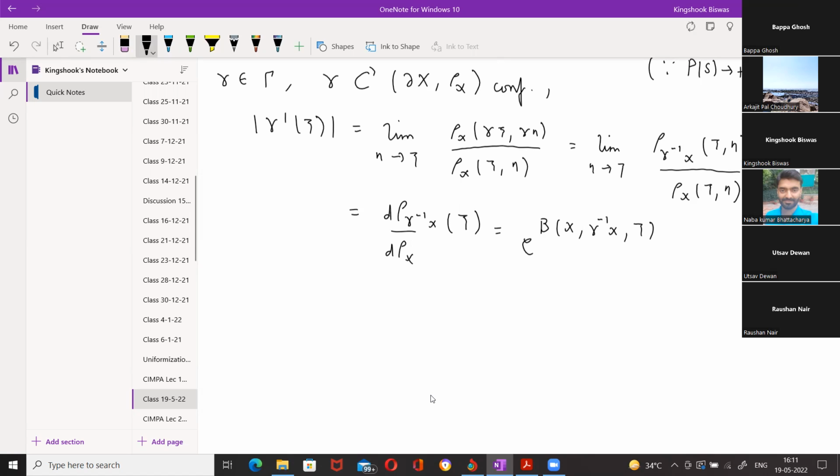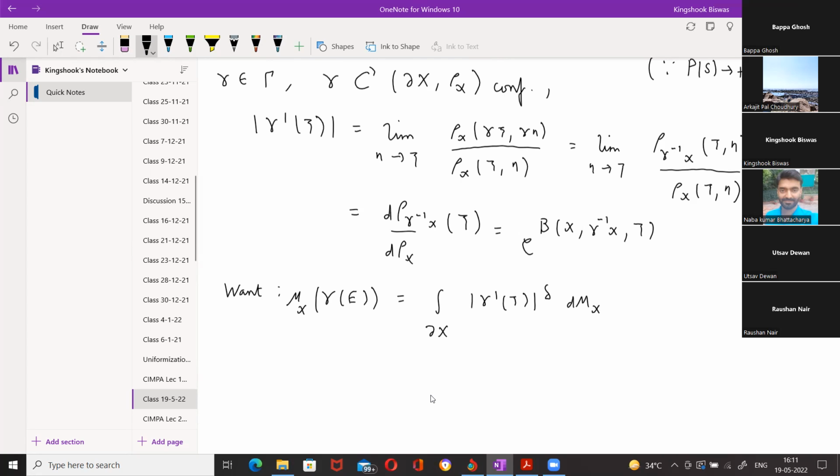Now I want to look at this. What I want is that mu_x of gamma E is equal to the integral over E of |gamma prime(xi)| to the power delta d mu_x, right?